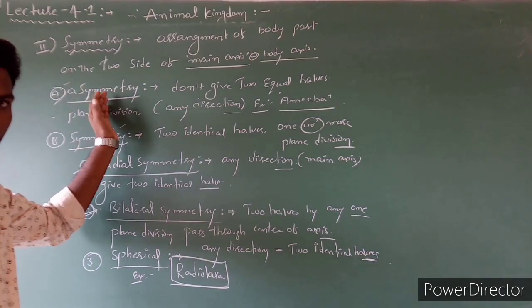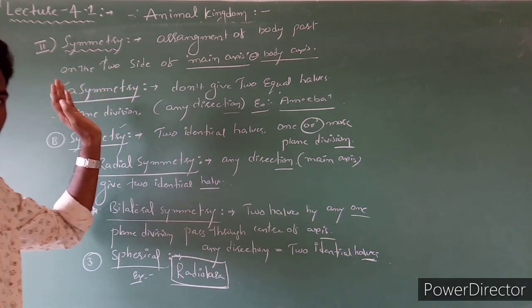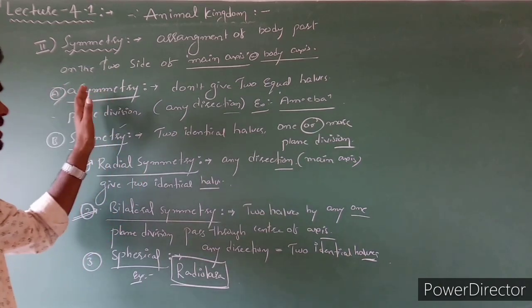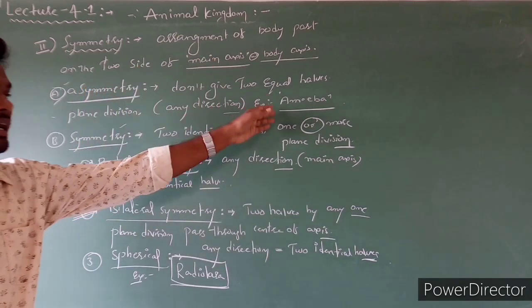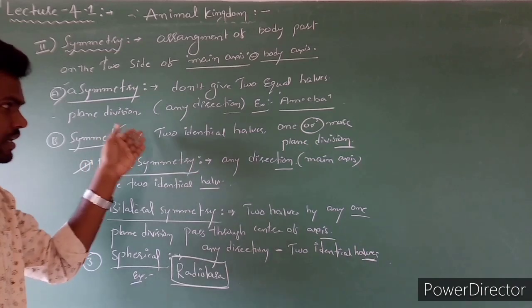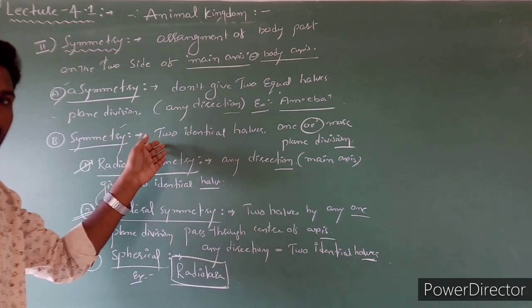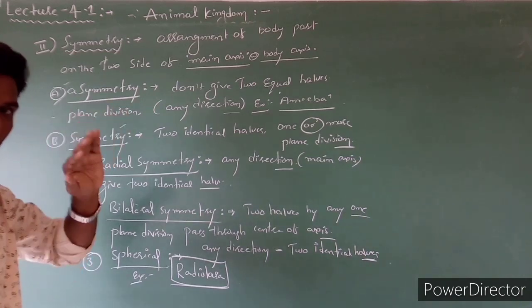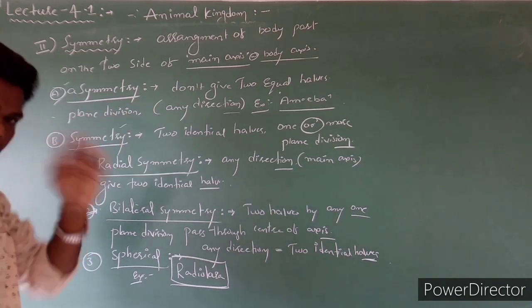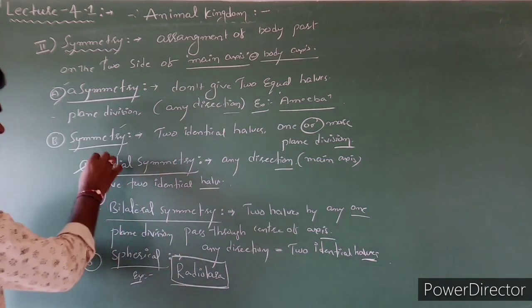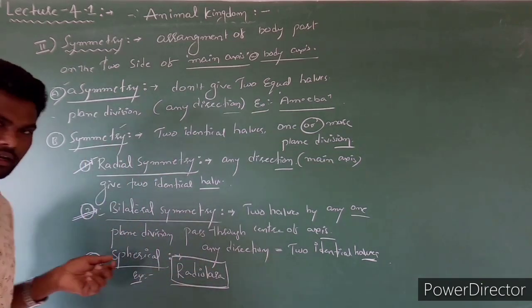In asymmetry, if you cut in any direction, it should not give two equal halves. The best example is amoeba. In symmetry, if the plane division passes through the center of the axis, it may be one or two divisions, and only in such a case will it give two equal halves. First one is radial, second one is bilateral.